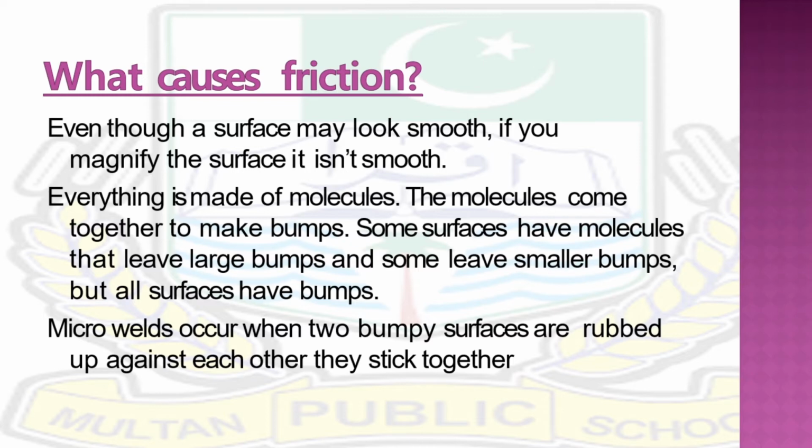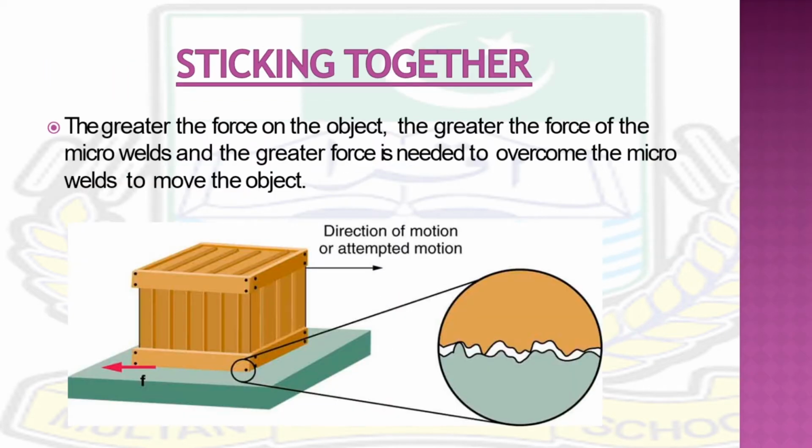But all surfaces have bumps, and microwelds occur when two bumpy surfaces are rubbed up against each other. They stick together. So the greater the force on the object, the greater the force of microwelds, and the greater force is needed to overcome the microwelds to move the object.